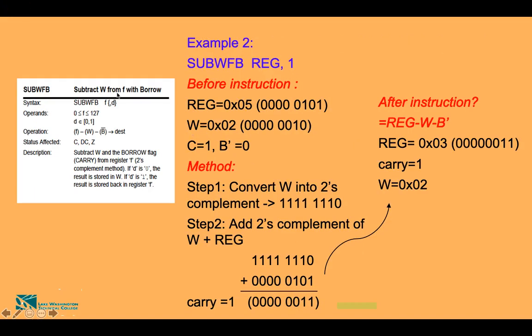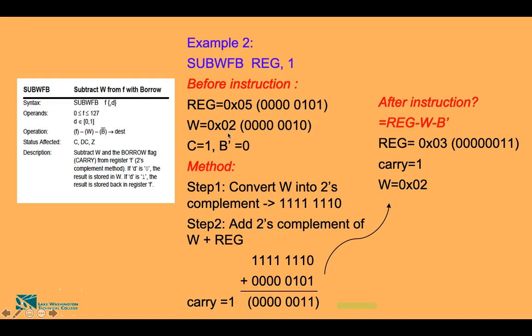Now another example, for this same instruction, subtract W from F with borrow. And in this example, I've taken an 8-bit number in my file register. So let's first check this out. SUBWFB REG comma 1. So if you have 1, it means it is going to store the result into the file register. So let's see. Your register is equal to 0x05 hexadecimal number, and this is in binary.